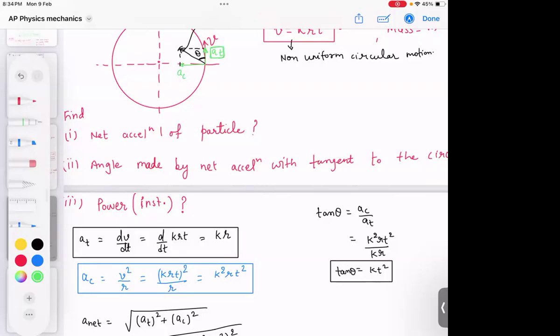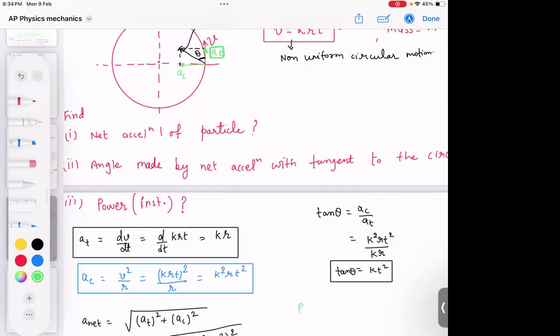Can I say that this tangential acceleration gives me a tangential force and that is going to give us the power? Why? Because the centripetal acceleration gives me centripetal force and that force is perpendicular to velocity. And the moment a force becomes perpendicular to velocity, what will happen? The power of that force will become zero.